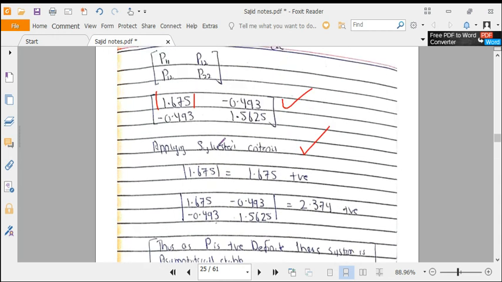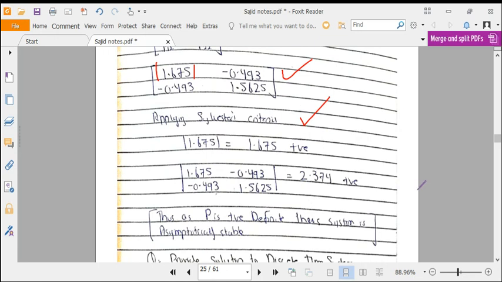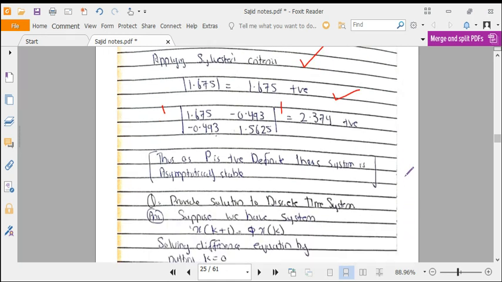So this determinant of 1.675 is positive, and similarly if we take the determinant of this whole matrix, this again comes out to be positive. So therefore this p is positive definite, then the system is asymptotically stable.